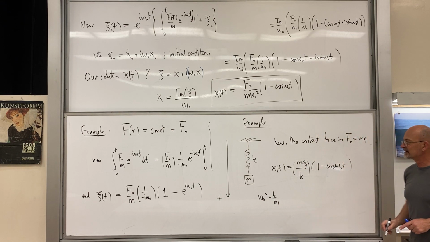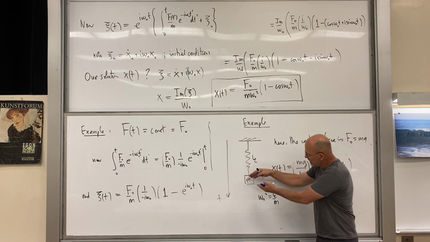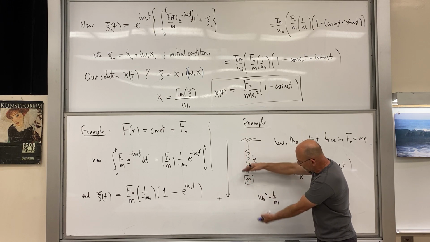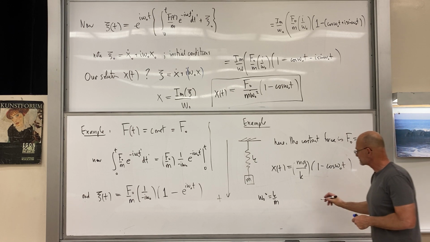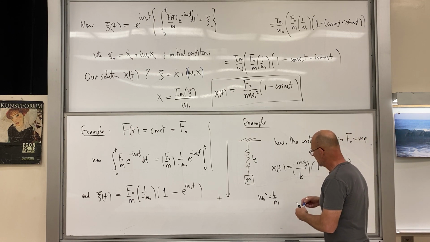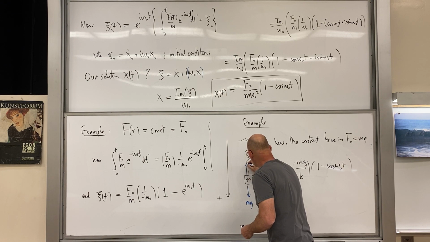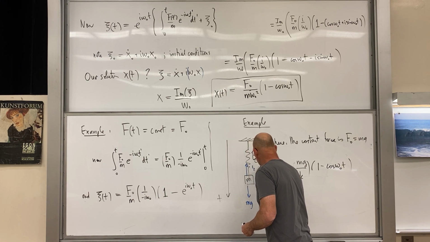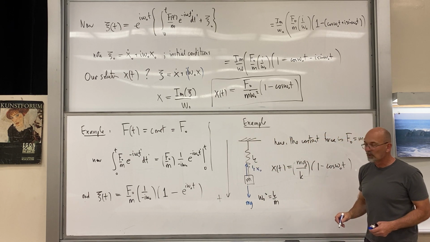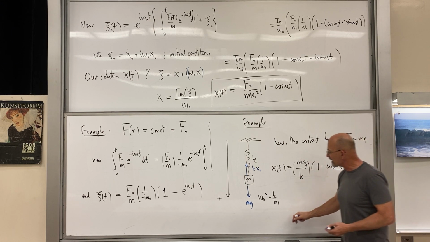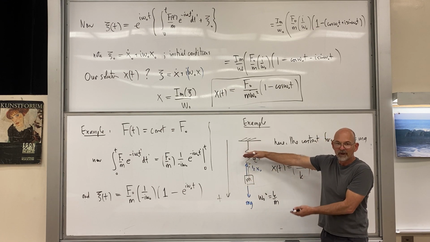So mg over k, and of course mg over k gives us the new equilibrium position. So if you had your mg pointing down and your k x naught pointing up, or k delta x if you wanted to, that would be the free body diagram that gives you your new equilibrium position.